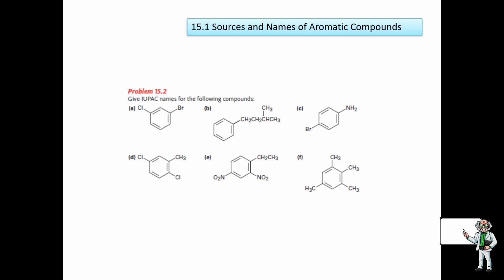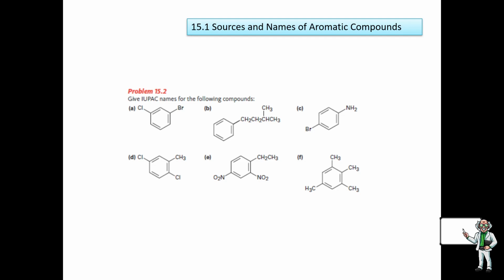Remember, why methyl first? Because M is before P in the alphabet. And why phenyl? Because when a benzene is not the main group, it's called phenyl, not benzyl. This is a very, very common mistake in the first years. Please don't do it.